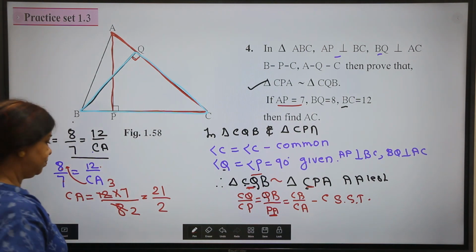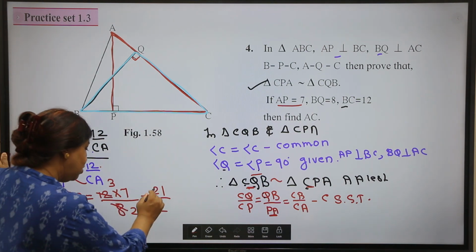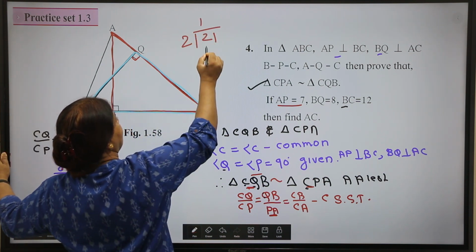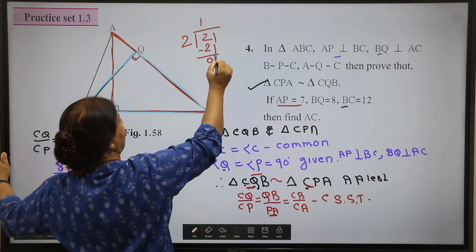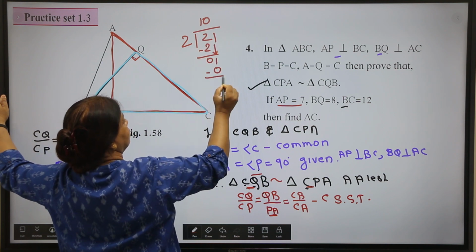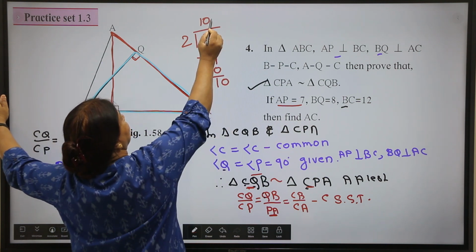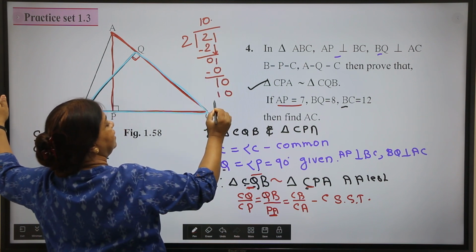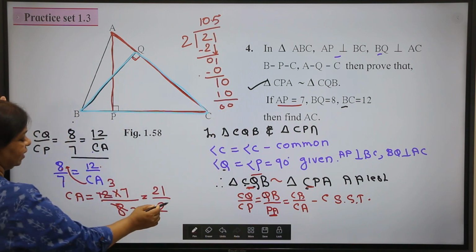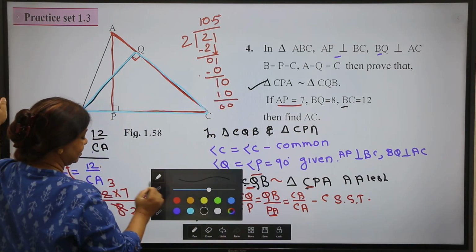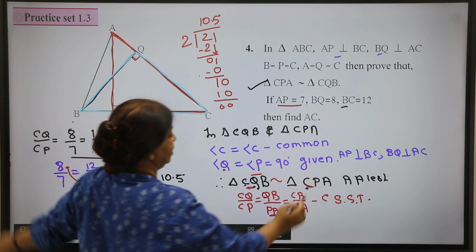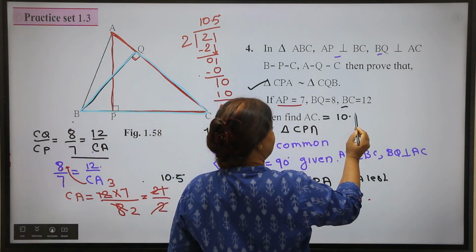Now we got 21 upon 2. So we need to divide 21 by 2. You will get the answer as 10.5. So AC is equal to 10.5.